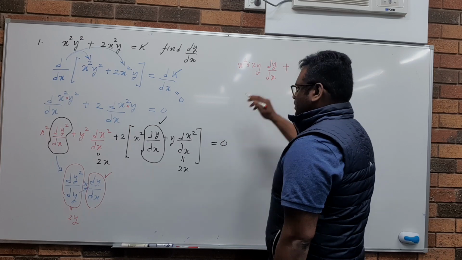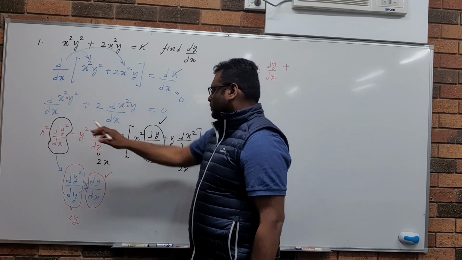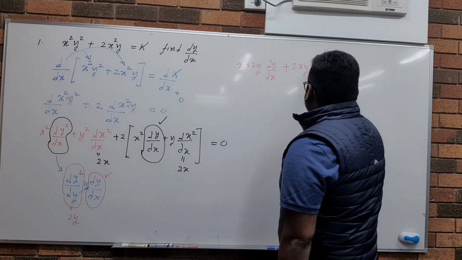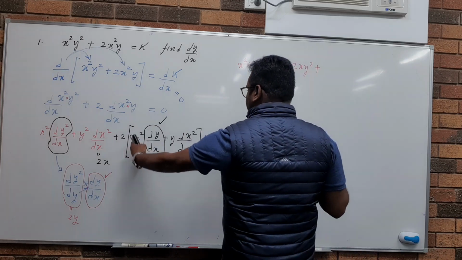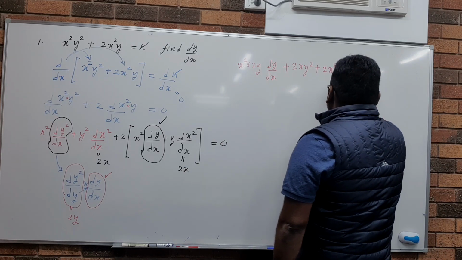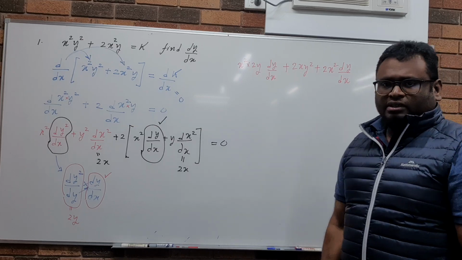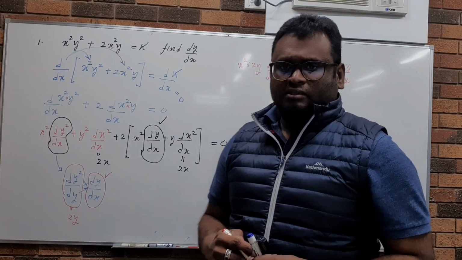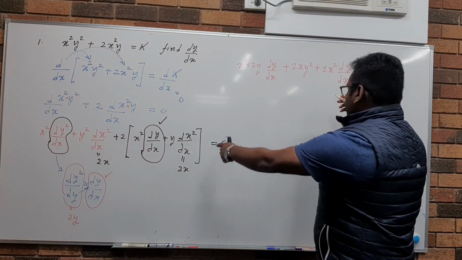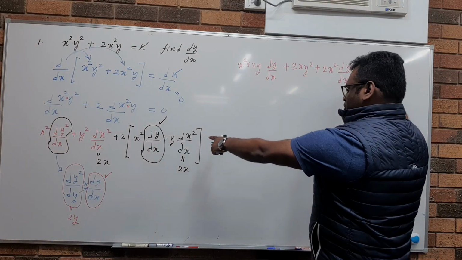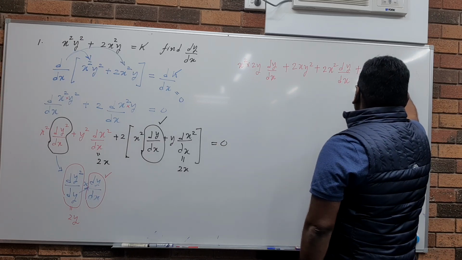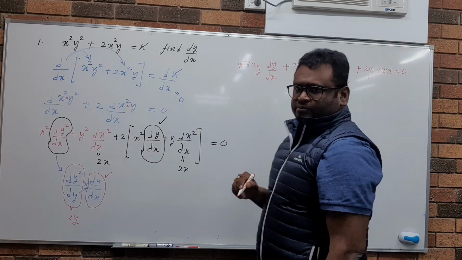And then plus, here I get 2xy squared, plus, now this one, it's going to be 2x squared dy/dx, right? Then from here you get plus 2y, and then you get 2x, and that's going to be 0, right?